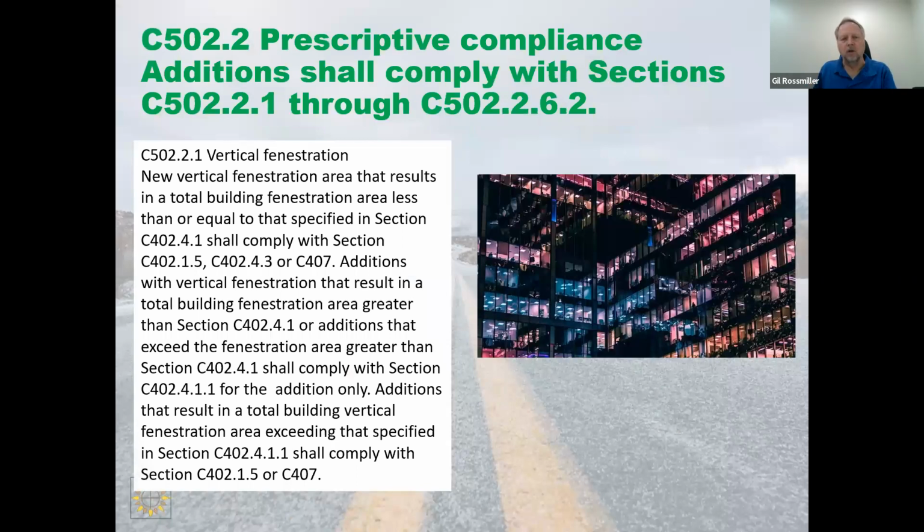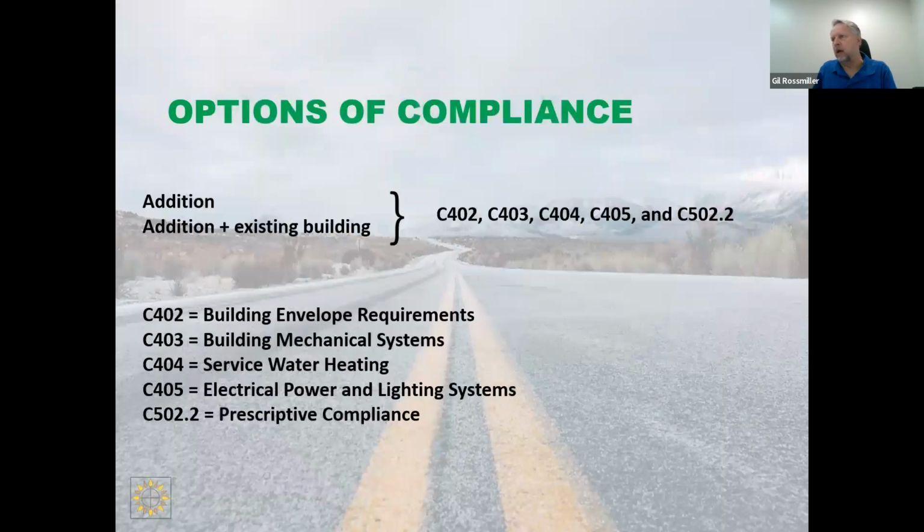Let's see. So what we're doing here is the different ways that an addition, or an addition plus an existing building, can happen. We go through all these different sections. 402 is just our envelope requirements. It's all different ways you can do it.